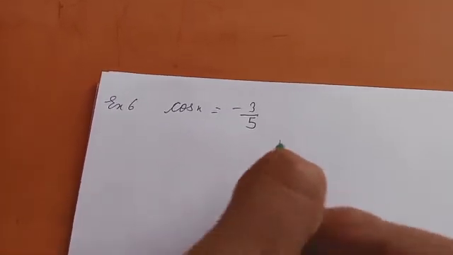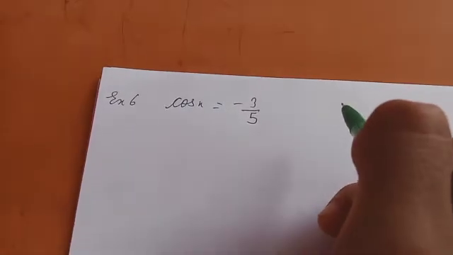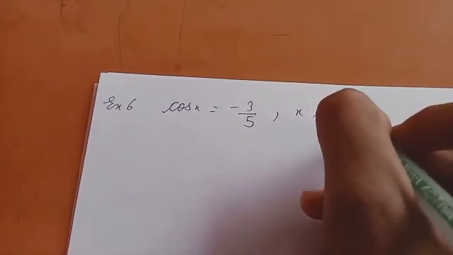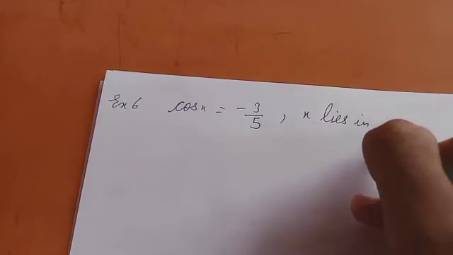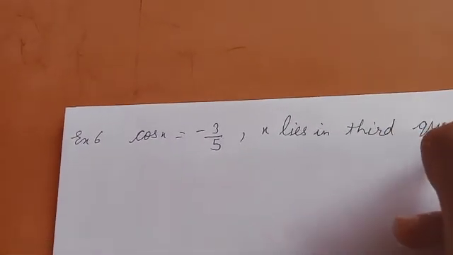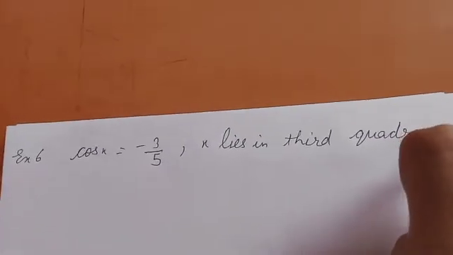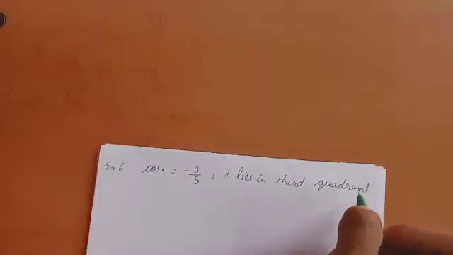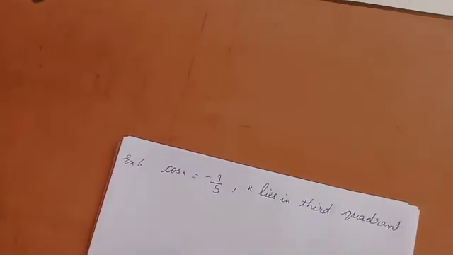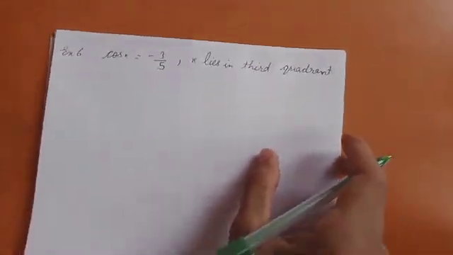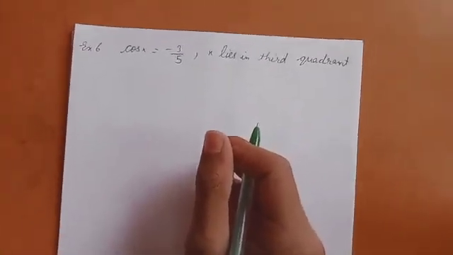If cos x is minus 3 by 5 and x lies in the third quadrant, find the values of the other 5 trigonometric functions. We are given the value of cos x and we have to find the values of the other 5 functions.